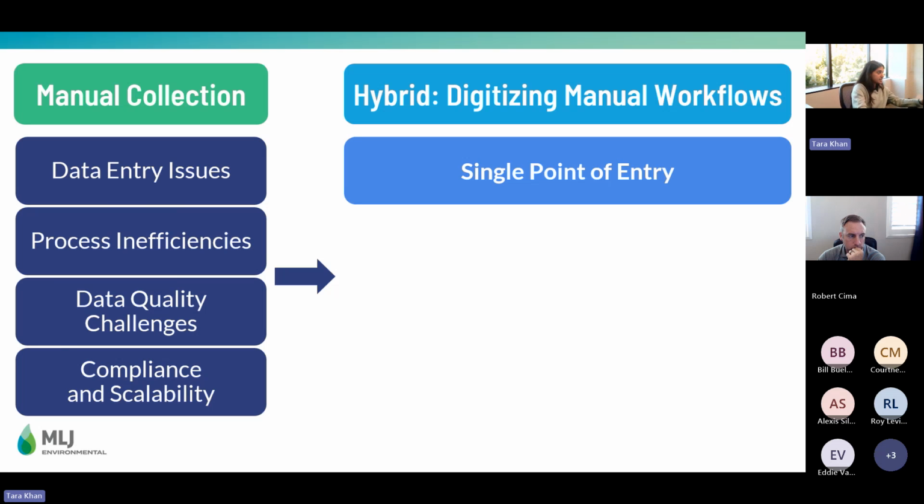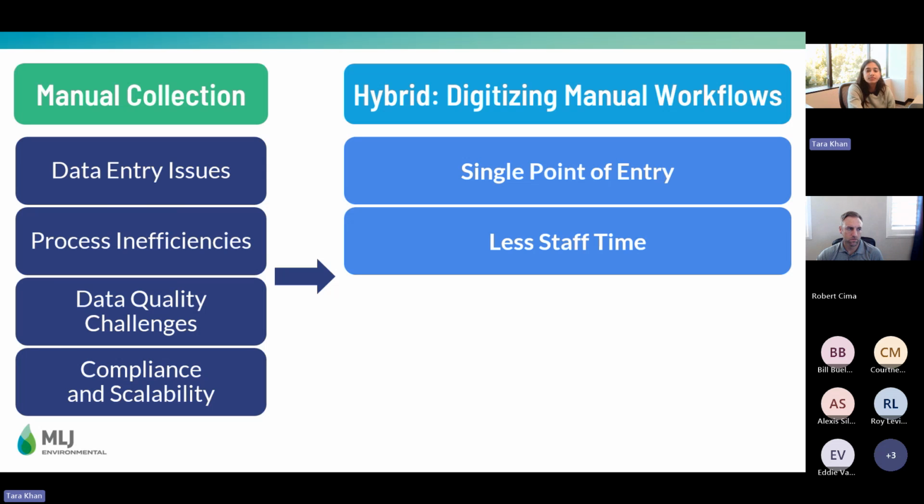Some of the things it alleviates here: in a hybrid format, there's one single point of entry, right? So instead of having the landowner fill out a form and then sending it to the staff who then fill it into the spreadsheet, the landowner directly puts that into a digital user interface, or the staff puts that directly into the digital user interface. That's reducing at least one point of entry, which helps with data accuracy and reduces errors.